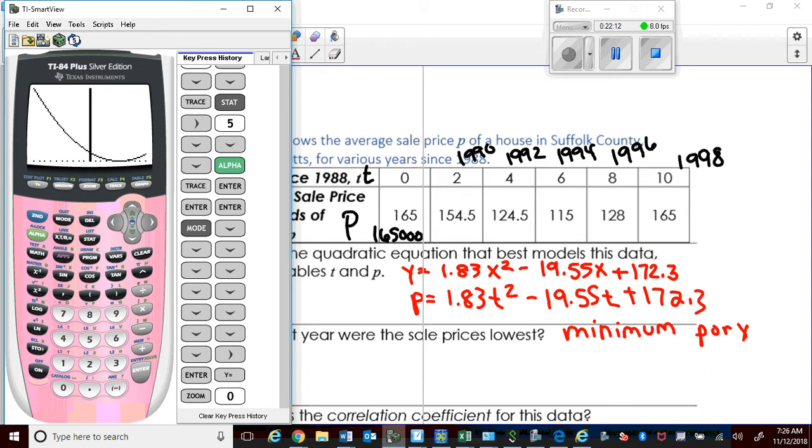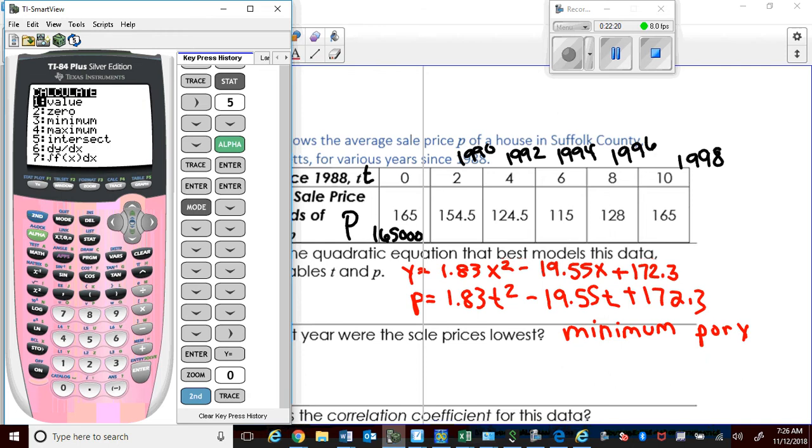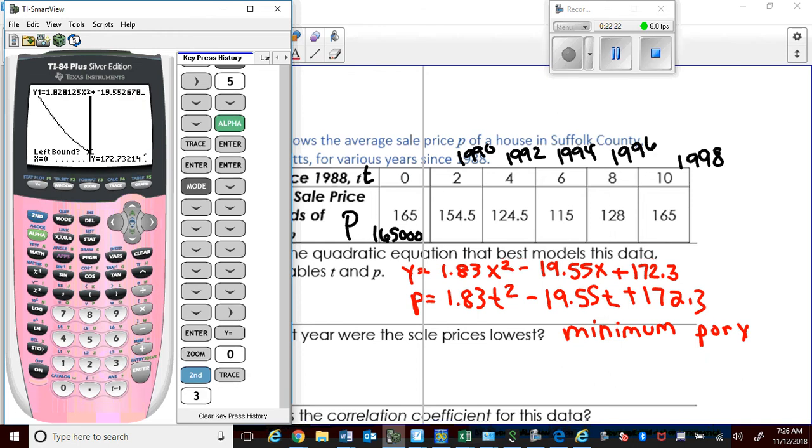And I'm going to go it's a minimum, so I'll go second trace, and I go to minimum, and I press enter on the left tab, and then I go over to the right side of this minimum.